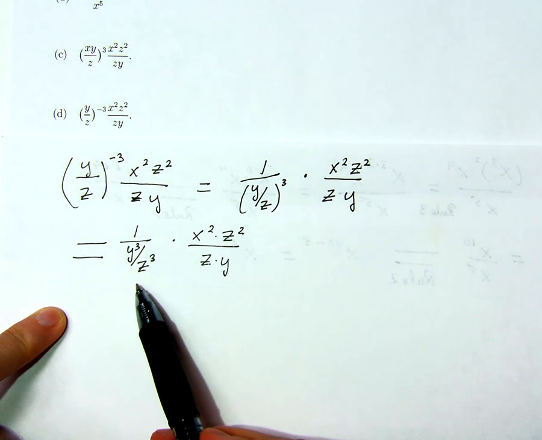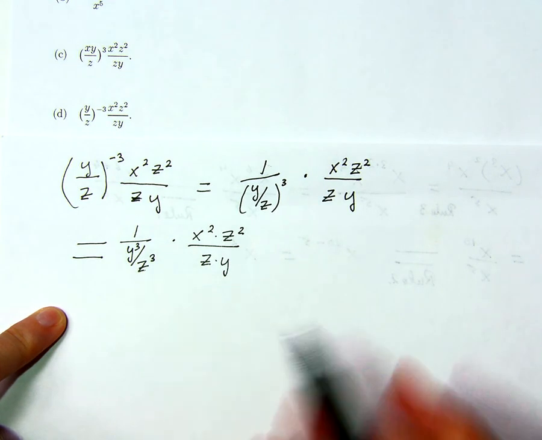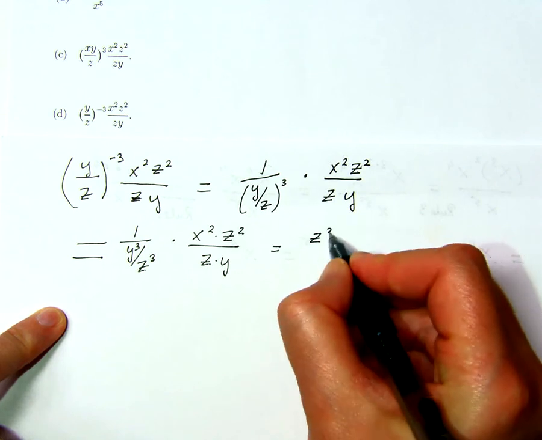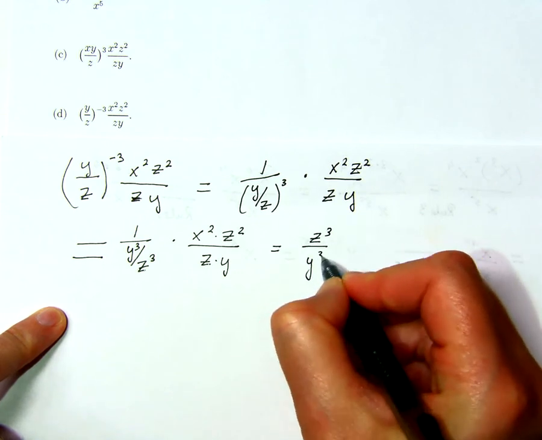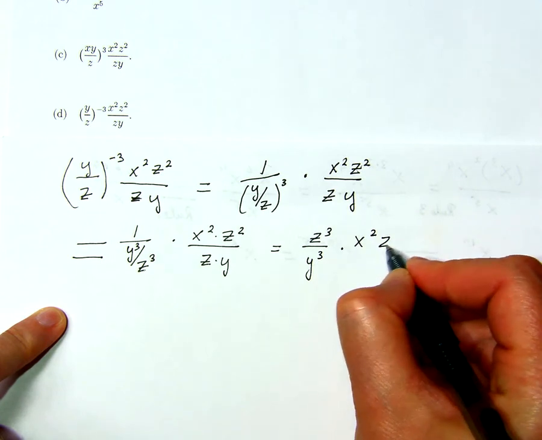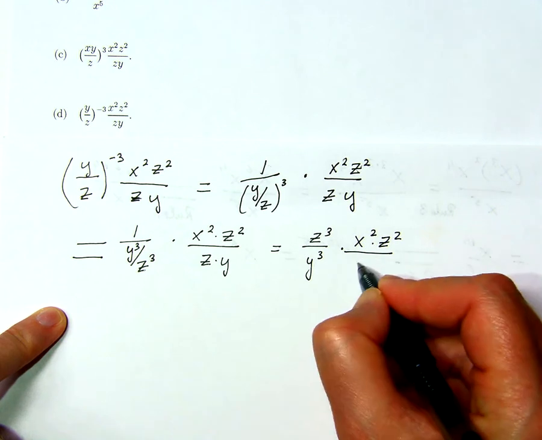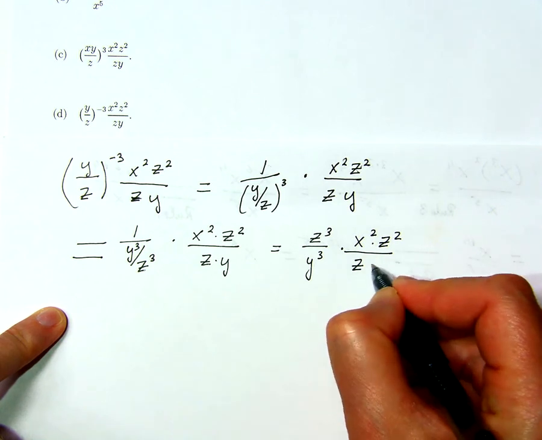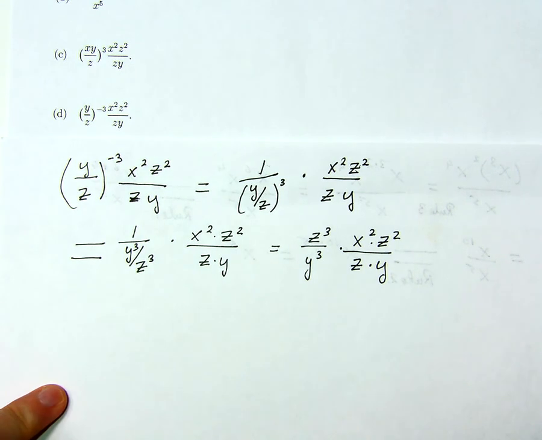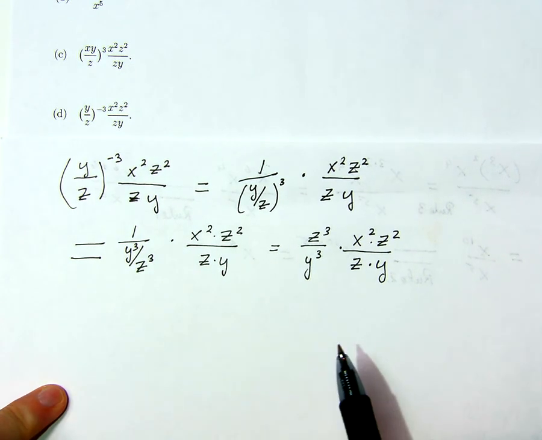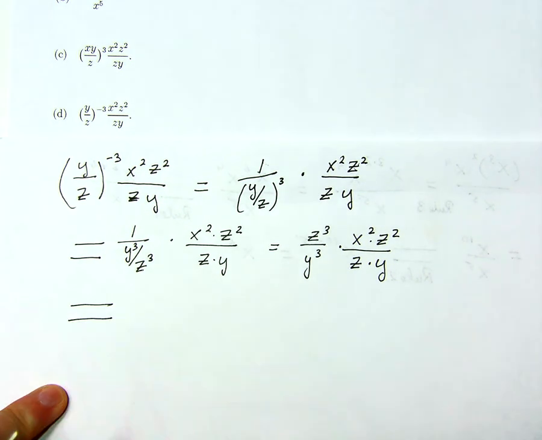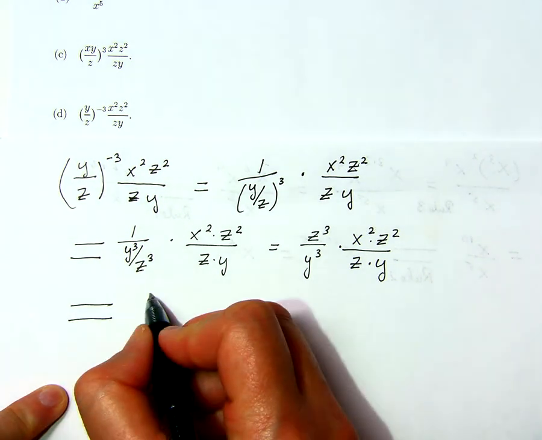Now by the rules of fractions, I invert this fraction and I get z cubed over y cubed times x squared and z squared times z times y. Now you might like to just cancel a few things here, or you might just want to put things together. Either way is fine.